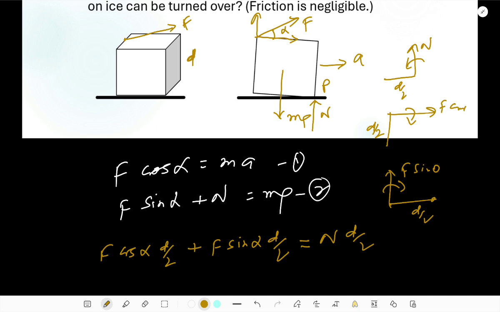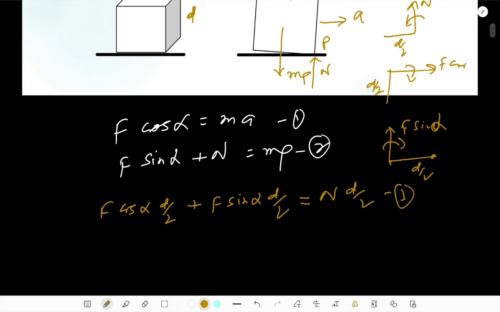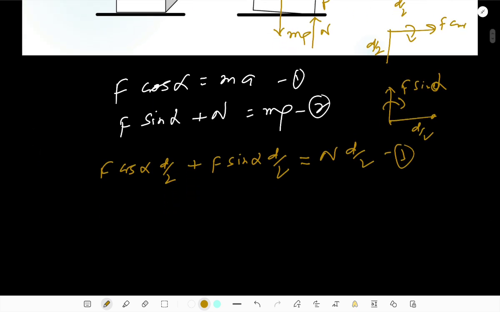The clockwise torque is equal to anti-clockwise torque, and so we can write these three equations. And if you can solve these equations together, you can get the value of F, and in this case you will be getting F equals mg upon cos alpha plus 2 sin alpha.